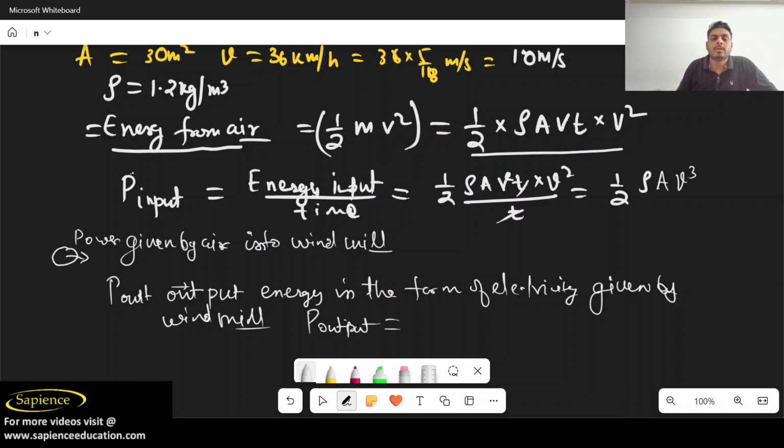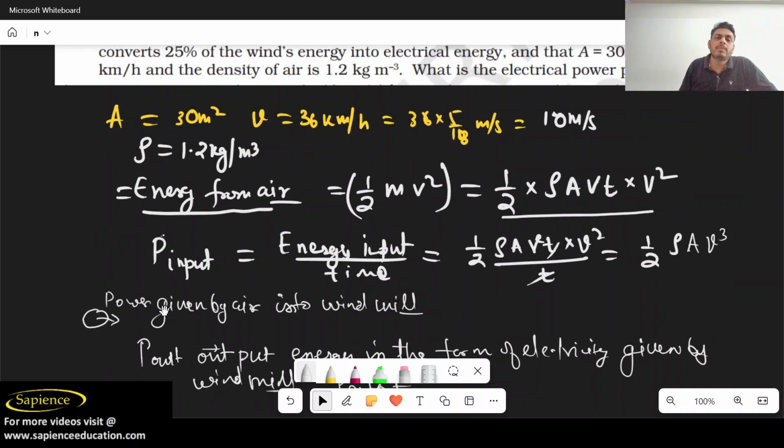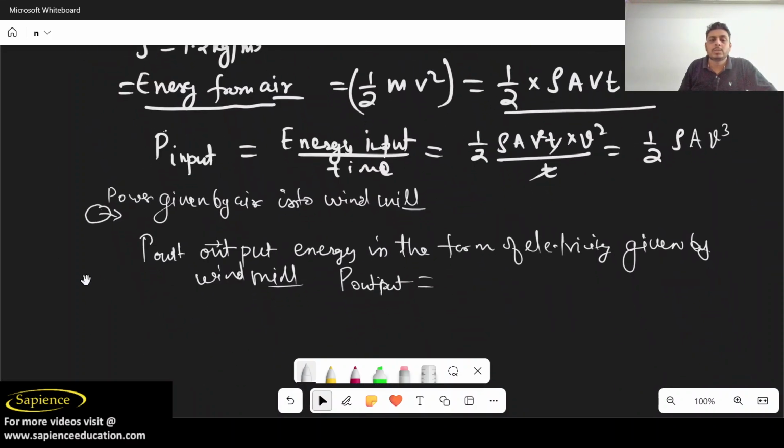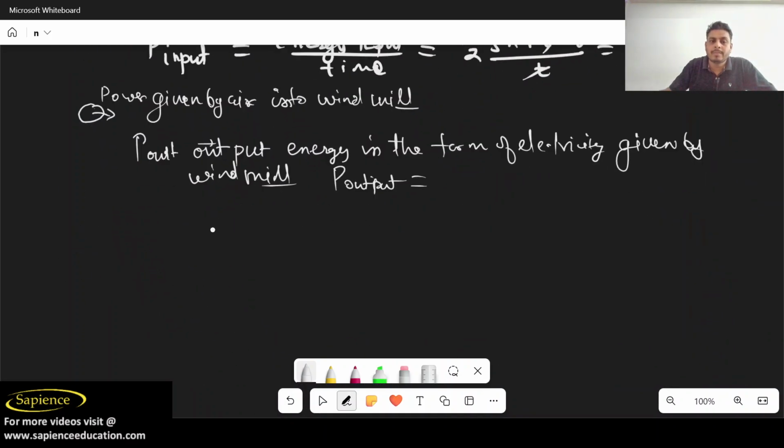So actually they have given efficiency. Efficiency is 20%. So we know that efficiency is equal to power output divided by power input. Actually we need power output.